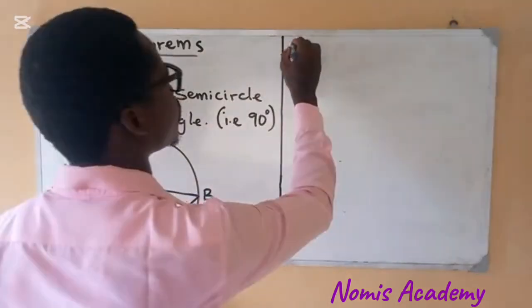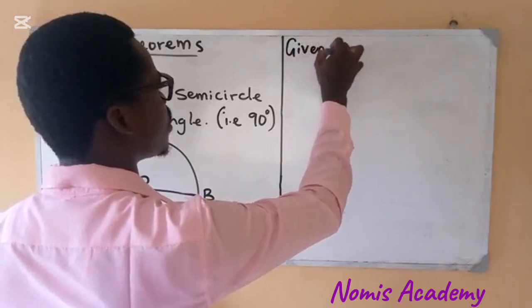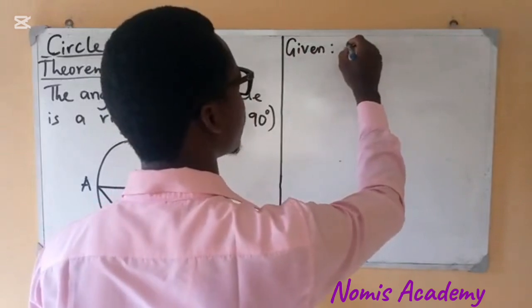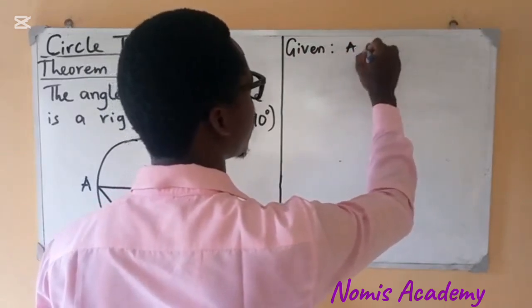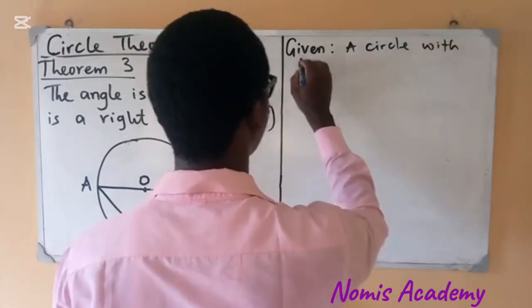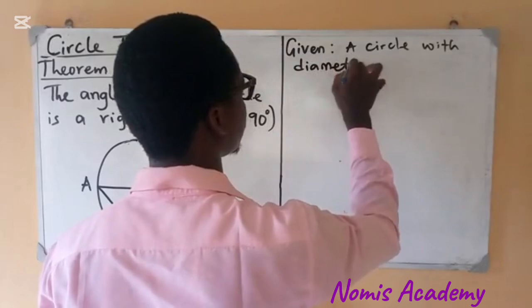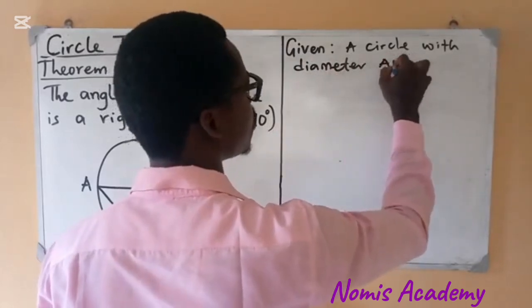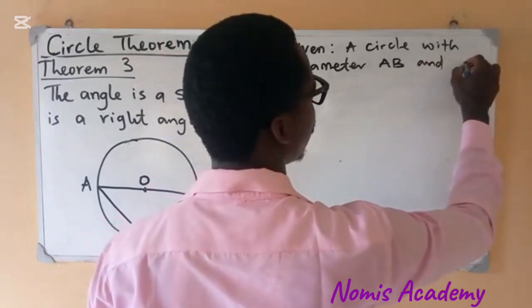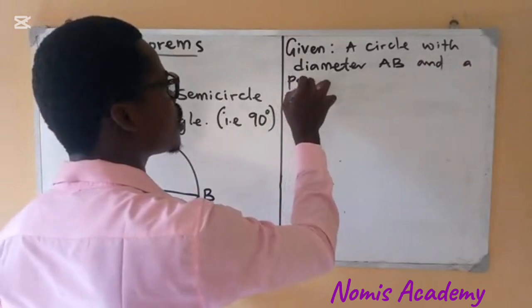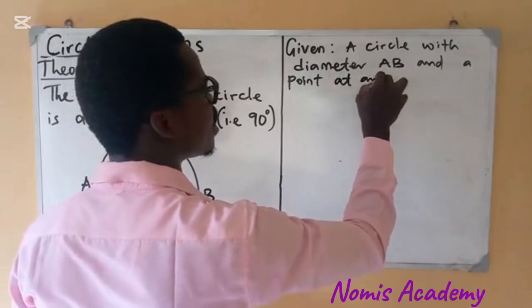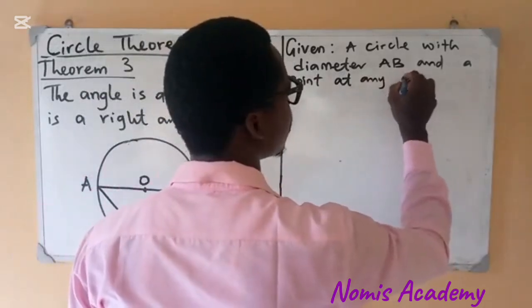Now given, what is given to us, we are given a circle with diameter AB and a point at any circumference.